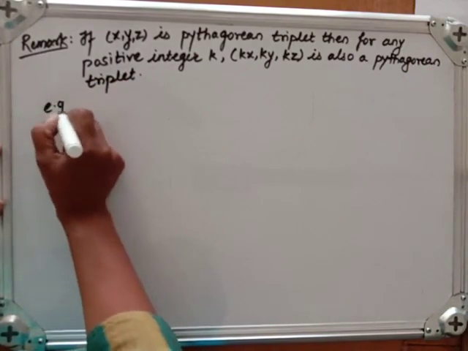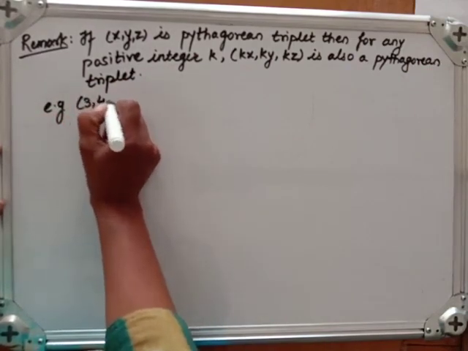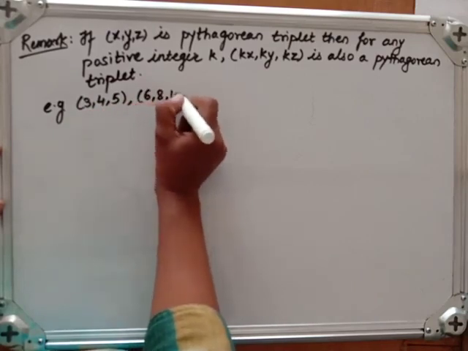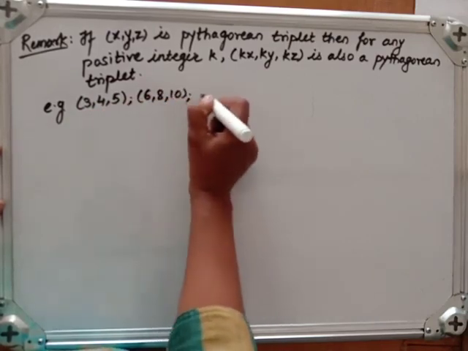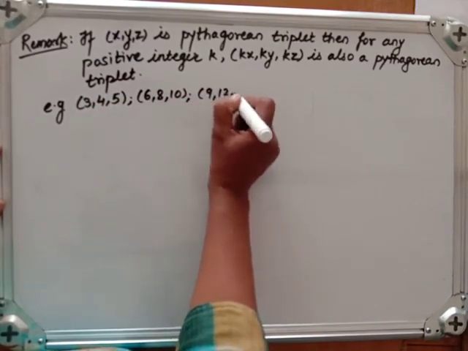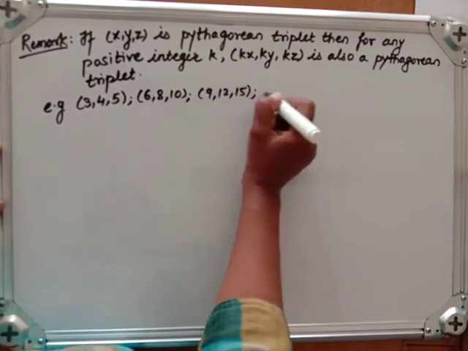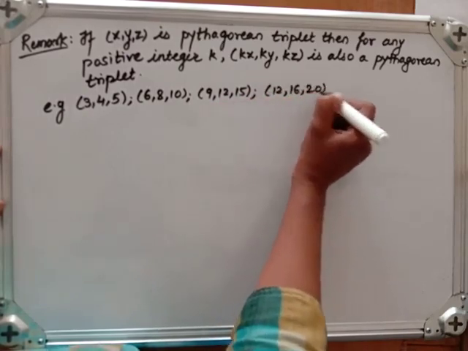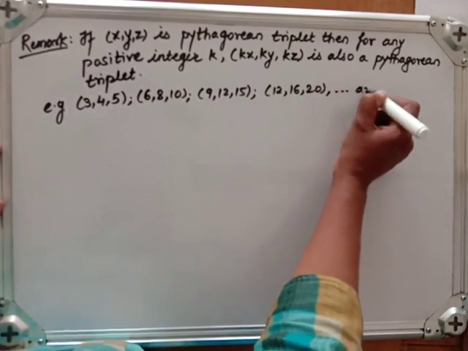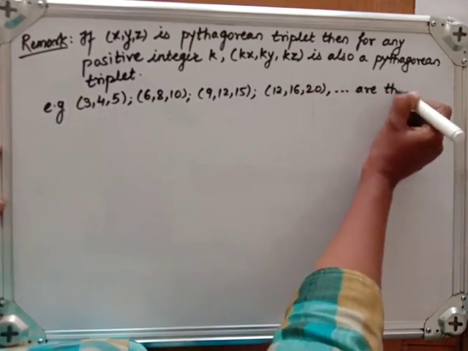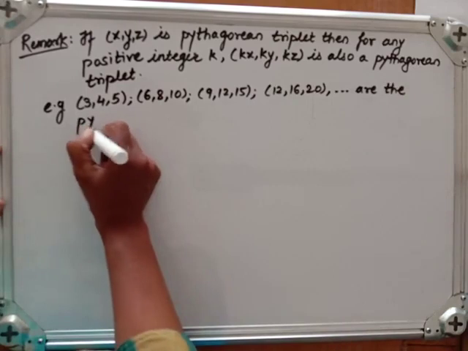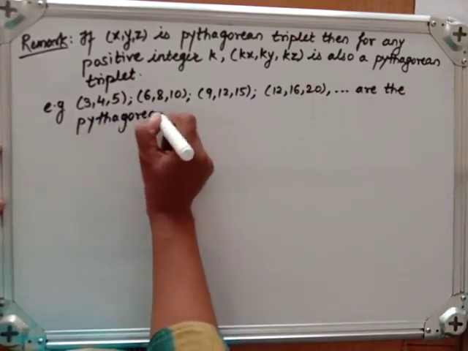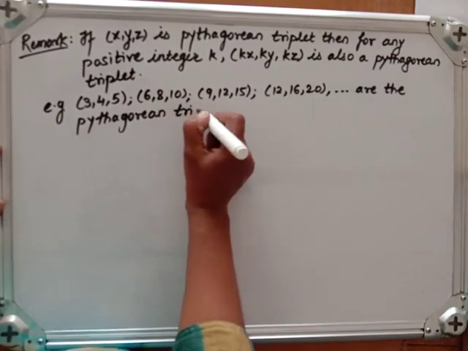For example, (3, 4, 5), (6, 8, 10), then (9, 12, 15), (12, 16, 20) and so on are the Pythagorean triplets.